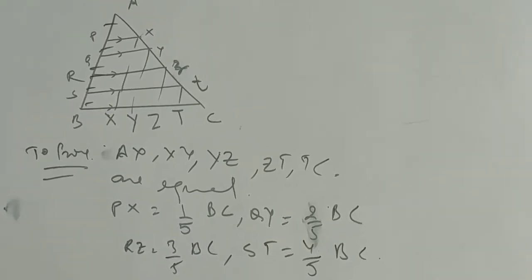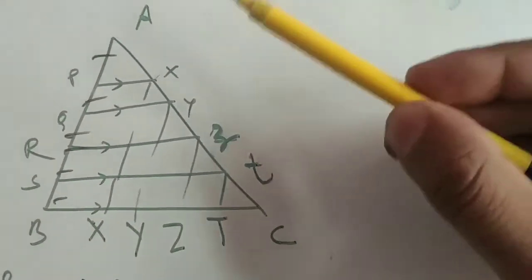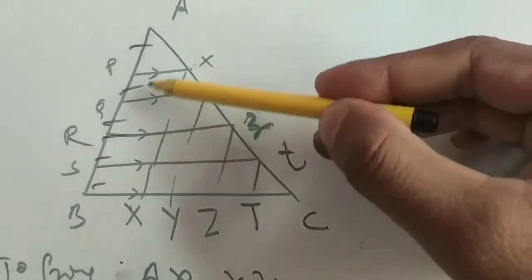You have to prove this. Now look at this. These lines are parallel to each other and these are equal intercepts.